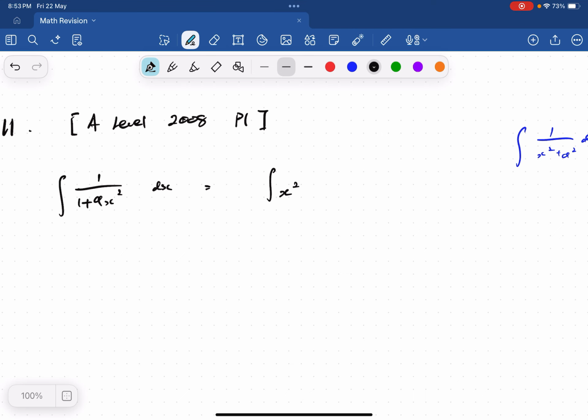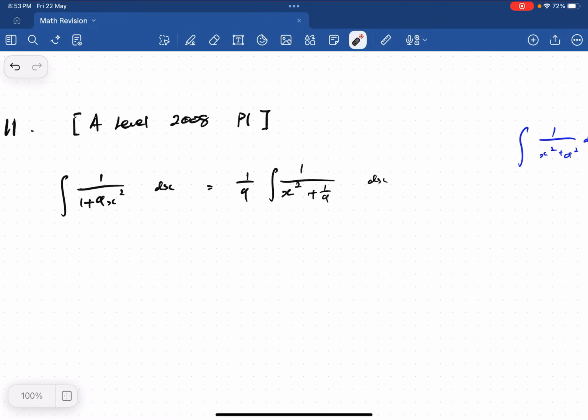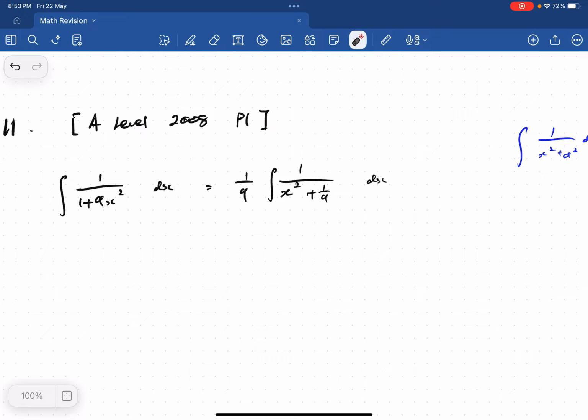And in order to change the coefficient of x squared from 9 to 1, because x is in the denominator, I don't take out 9, I take out a 1 over 9 from the integral, which means that this next term, instead of 1, is going to be 1 over 9. And the numerator remains unchanged. So I have expressed it in this form. In this case, a squared is 1 over 9. So what is a? A is just going to be 1/3.